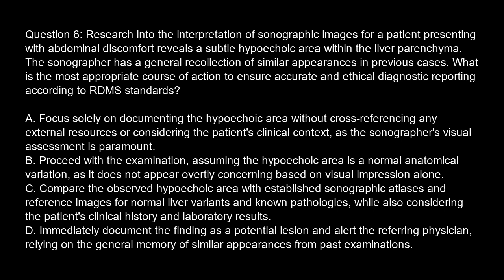Option C. Compare the observed hypoechoic area with established sonographic atlases and reference images for normal liver variants and known pathologies, while also considering the patient's clinical history and laboratory results. Option D. Immediately document the finding as a potential lesion and alert the referring physician, relying on the general memory of similar appearances from past examinations.